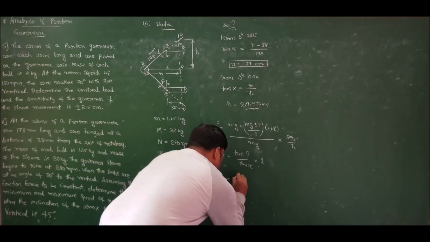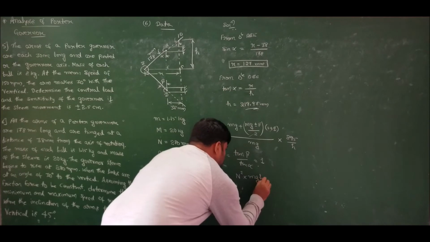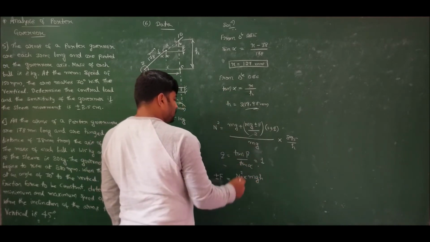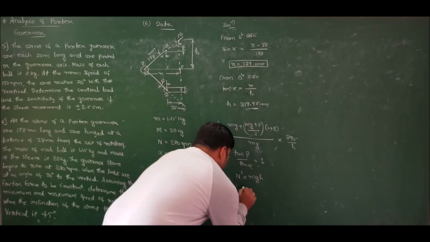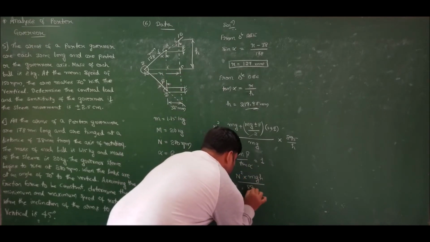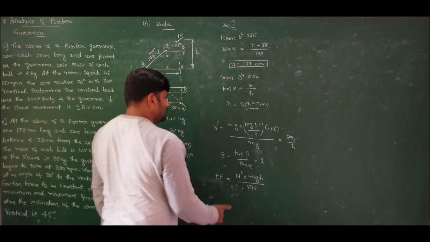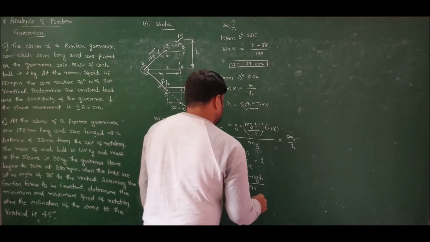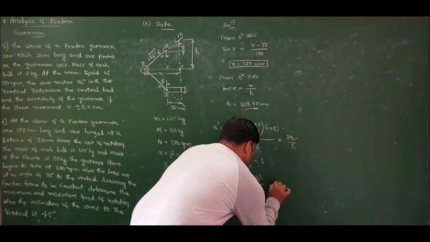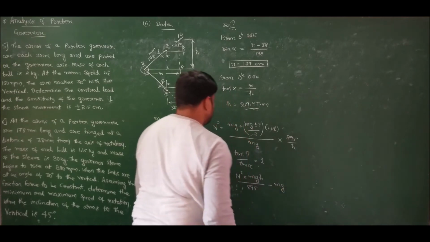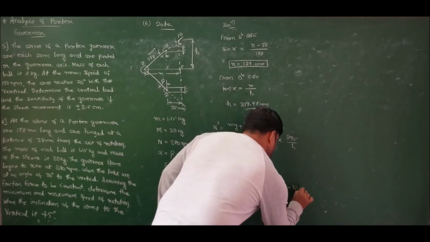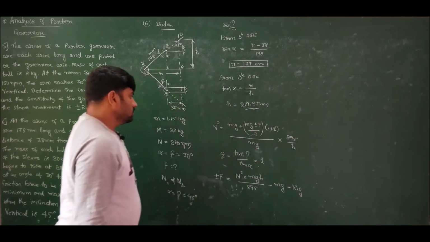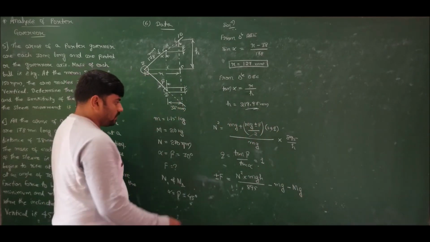That is, N square into mgh divided by 895 minus mg minus capital Mg is the value of plus or minus F. Correct?